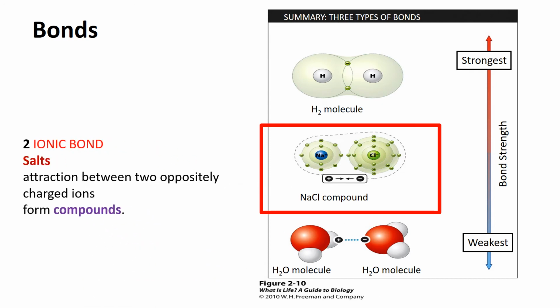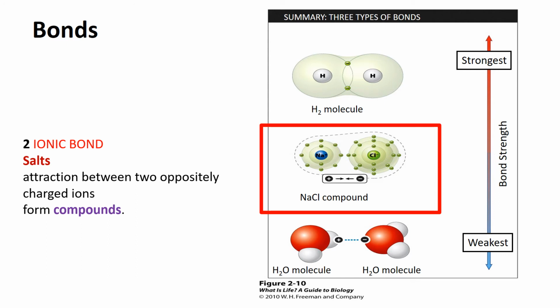The second type of bond that we can make is the ionic bond. The ionic bond is a strong bond, but it's not as strong as the covalent bond. Typically, the elements that make ionic bonds are the elements found on the right side of the periodic table and the left side of the periodic table.